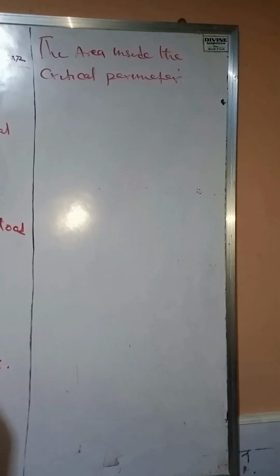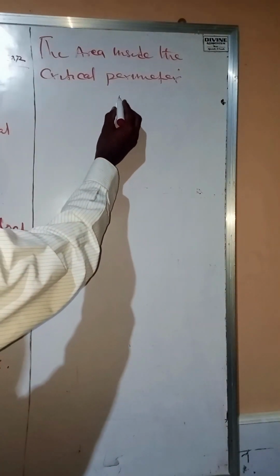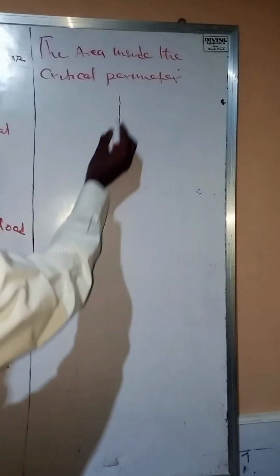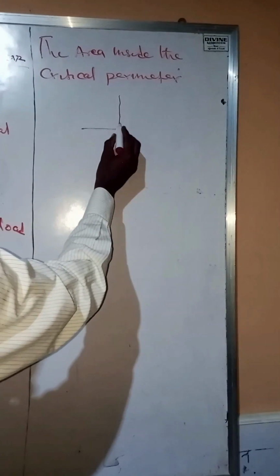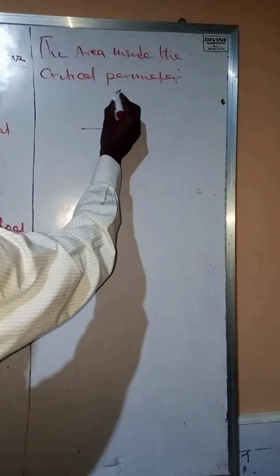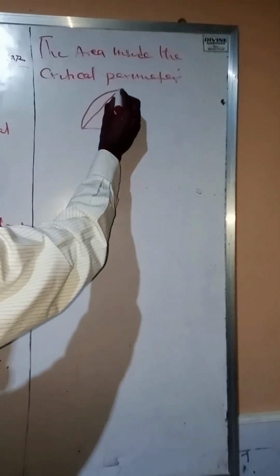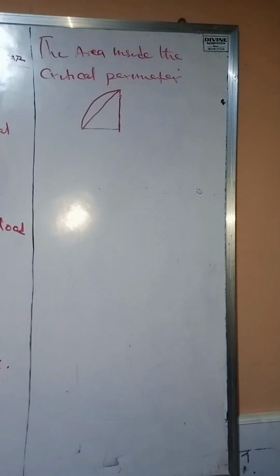Let's take each quadrant of the circle. We'll have the shape as this. One of the shapes will have it as this.